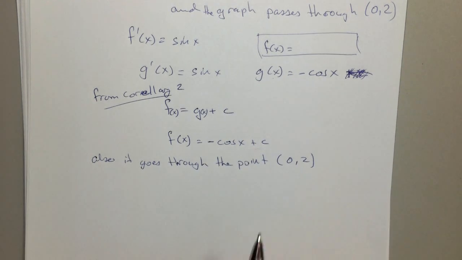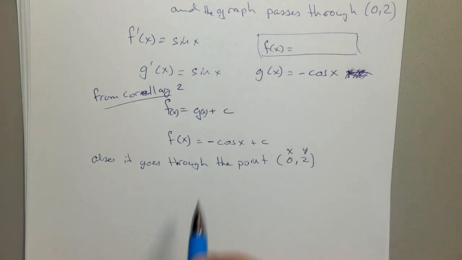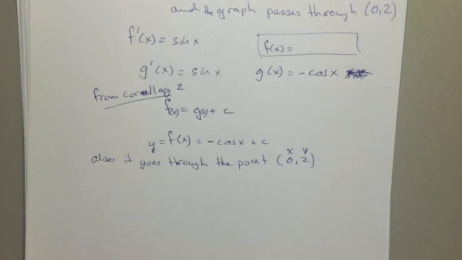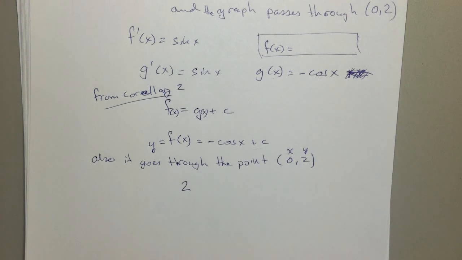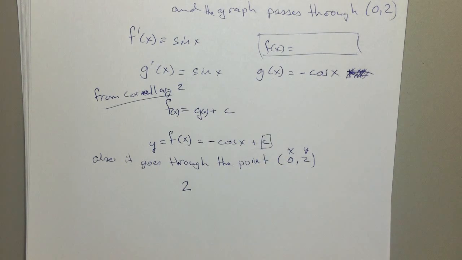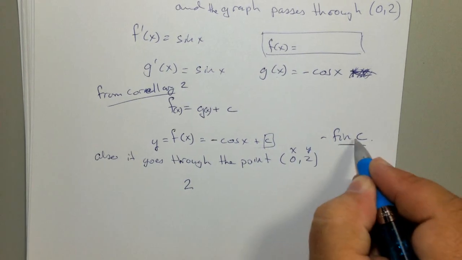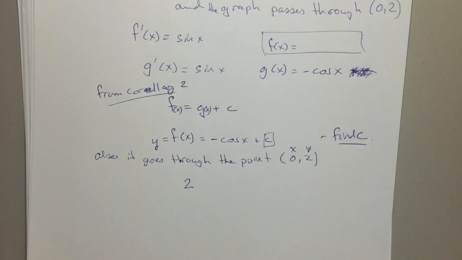What are we going to use this for? This is the x value, this is the y value. Yeah, because now we're going to find the actual values. We have to find what c is now. We got the function, we just have to find what c is.